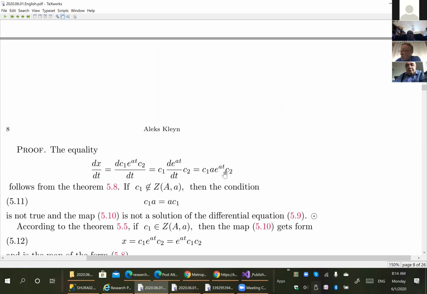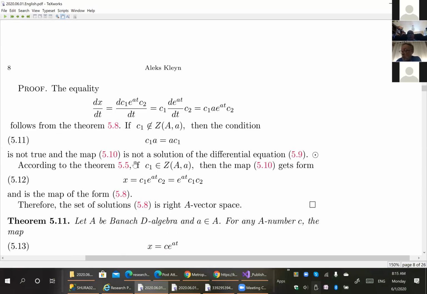A I can write on either side, but here is a very important moment. If C1 doesn't commute with A, I cannot change their order, and therefore the trial function is not a solution of the differential equation.